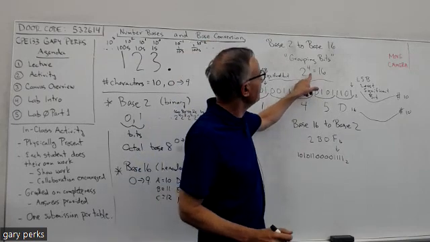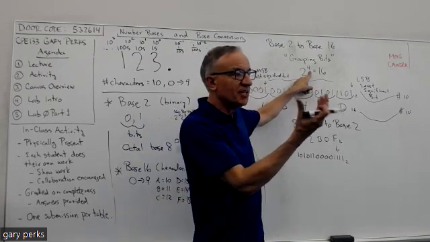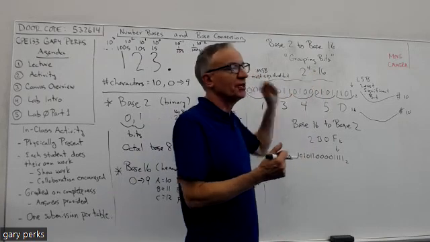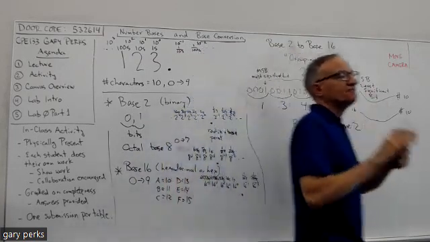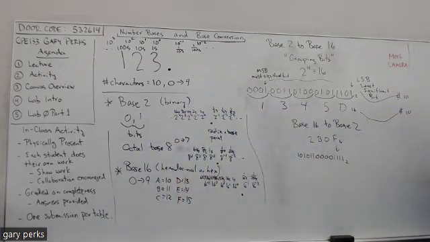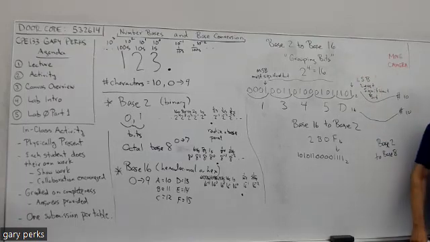Okay, and again, the reason we're grouping in 4s is because 2 to the 4 equals 16. So what if I wanted to go from base 2 to octal? What if I wanted to go from base 2 to base 8 grouping bits? What would be different? Why would we group in 3s instead of 4s?